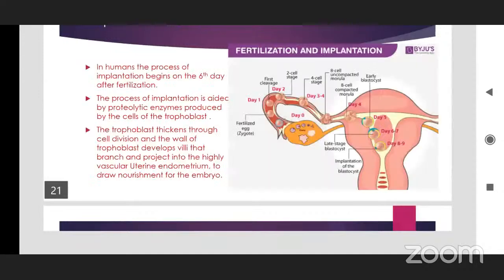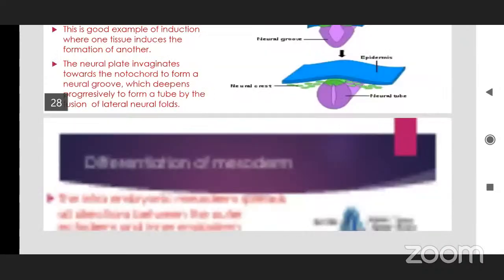Yes, so we were discussing the extra embryonic membranes. Now, these extra embryonic membranes are nothing but amnion, chorion, allantois, and yolk sac.